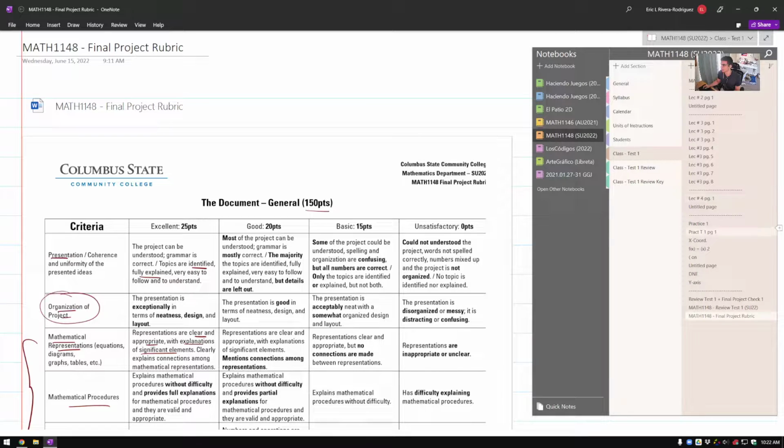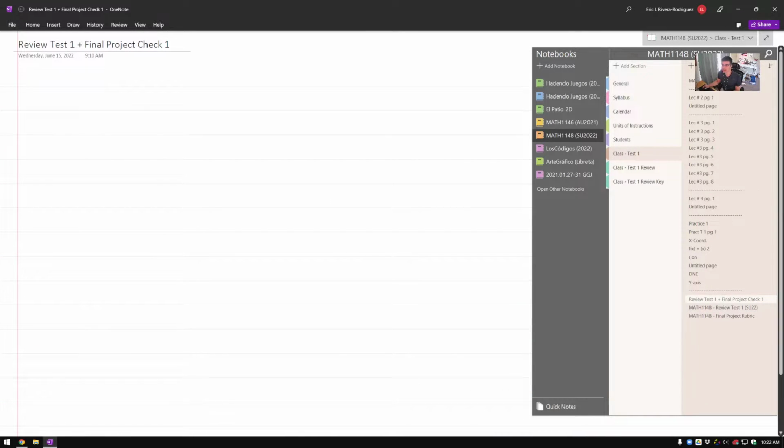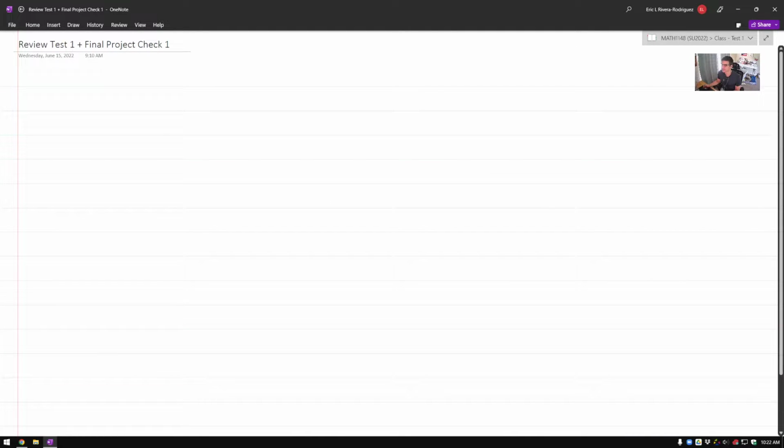I can show you what we do in MATH 1146. It's more extensive, it's a complete portfolio. But since this is the first time that I'm adapting 1148 to summer, I don't have an exact example from a previous student.